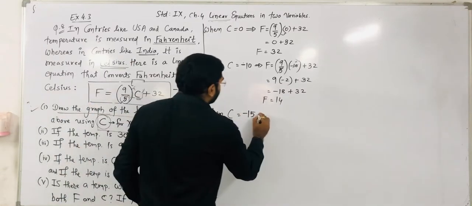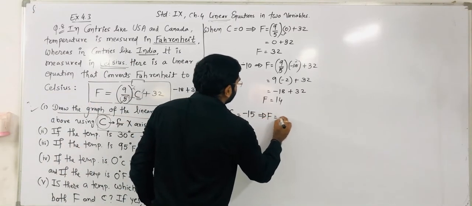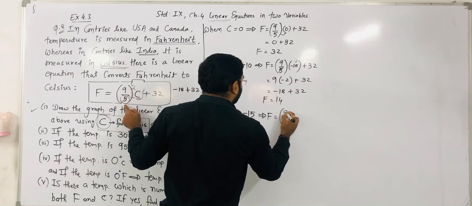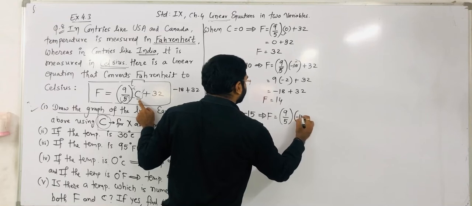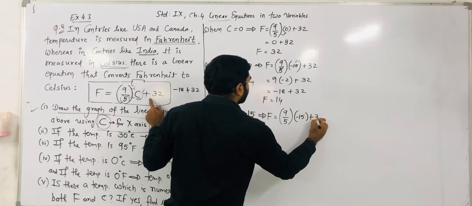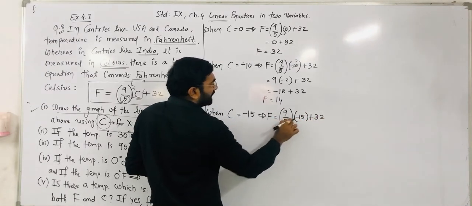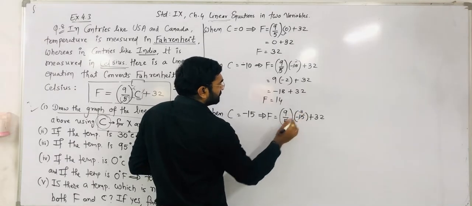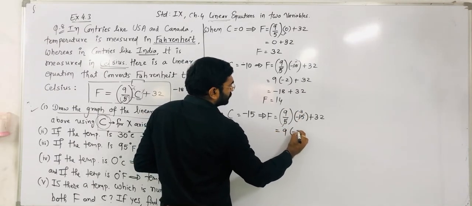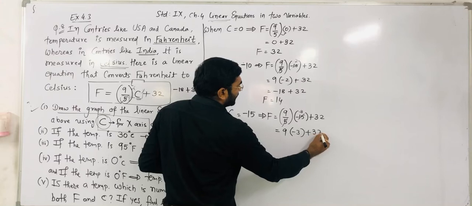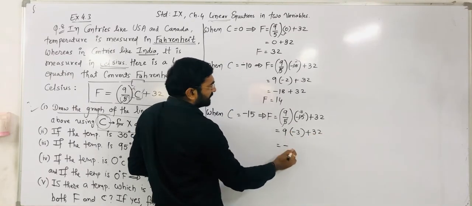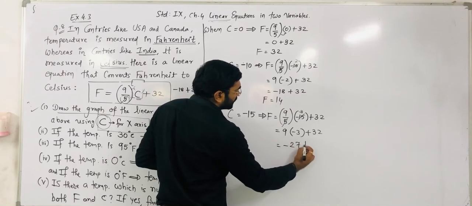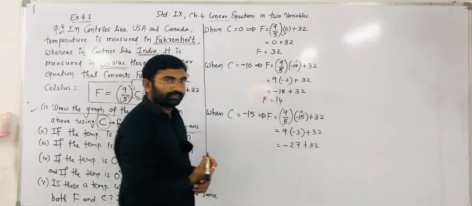So what do we get? F is equal to 9 by 5, and the Celsius value I have to take as minus 15, plus 32. So 5 threes are 15, so this is minus 3. So 9 into minus 3 plus 32. 9 into 3 is 27, but the minus sign is there, so minus 27 plus 32.